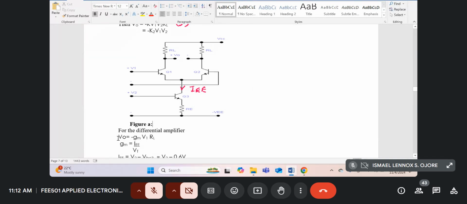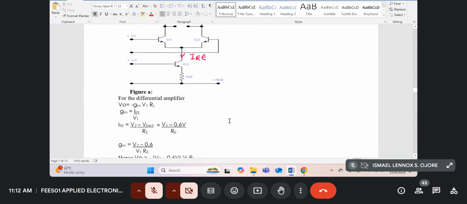Let's start again. V0 is minus GM, where GM is the transconductance of the combination of Q1 and Q2. But GM can be written as IEE divided by VT.